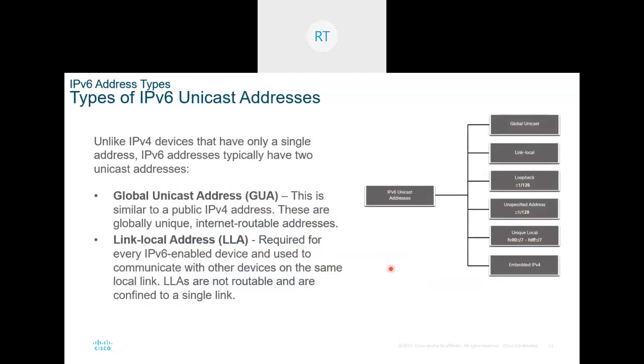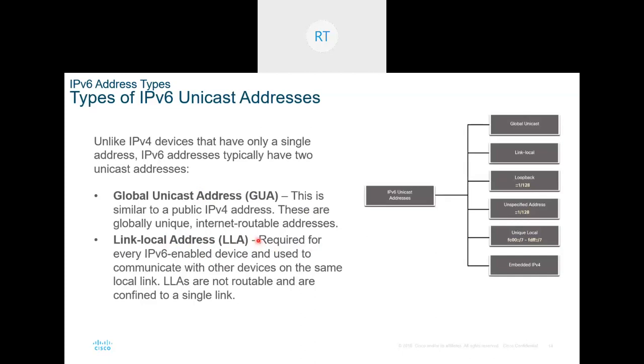So there are types of addresses in IP version 6 which can be categorized as global address. The global address is similar to a public address, remember the public address in IP version 4 we talked about? This is a global unicast address. And then you have the link local address, which is required for every IP version 6 enabled device. So the global is a public address. However, the link local address is not the same as a private address.